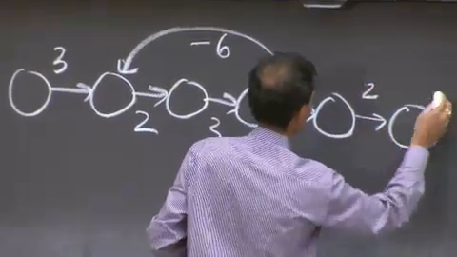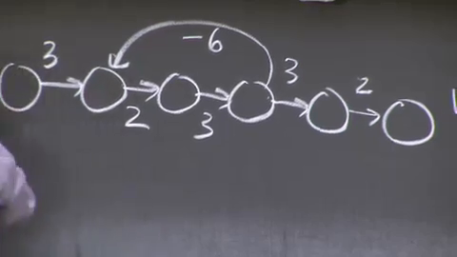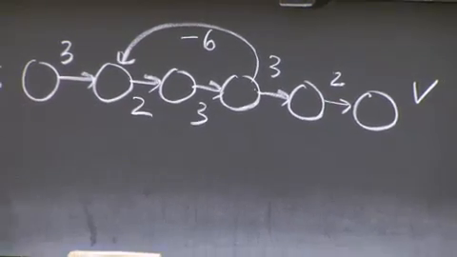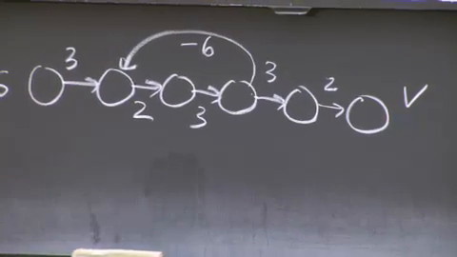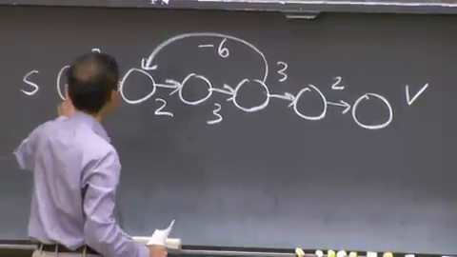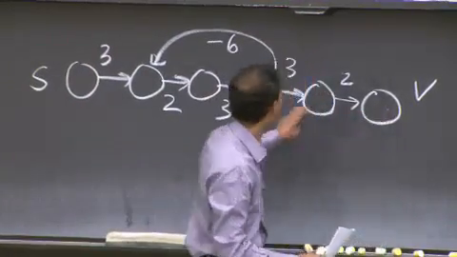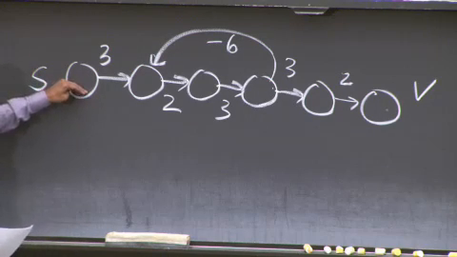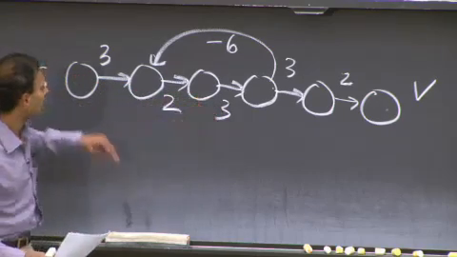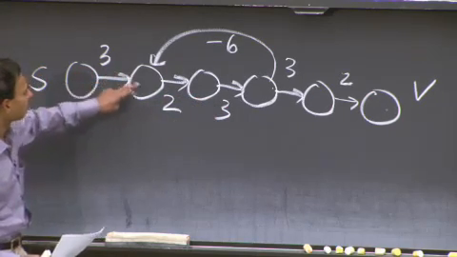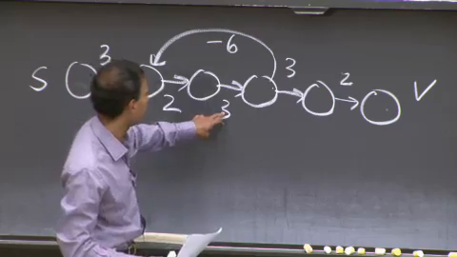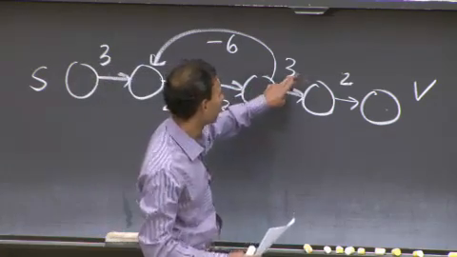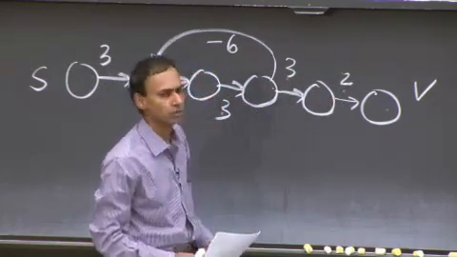Maybe 2 here. And I want to find the shortest simple path that reaches V from S. It's this path that goes horizontally, which has weight 3 plus 2, 5, 5 plus 3, 8, 8 plus 3, 11, 11 plus 2, 13.